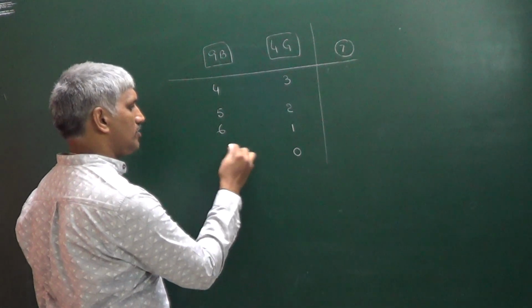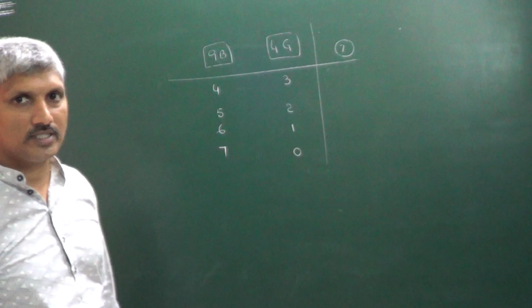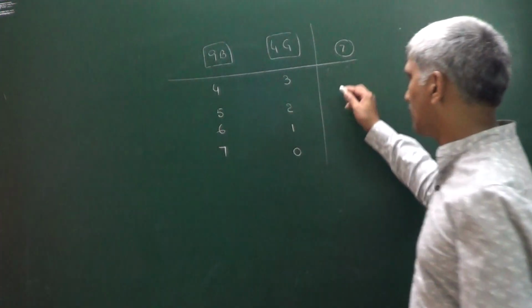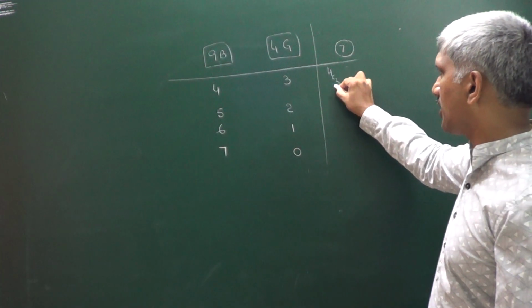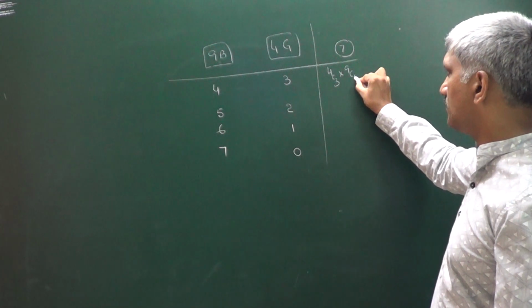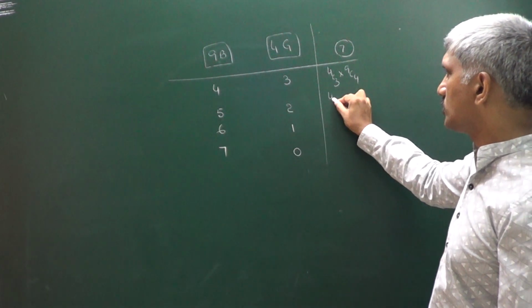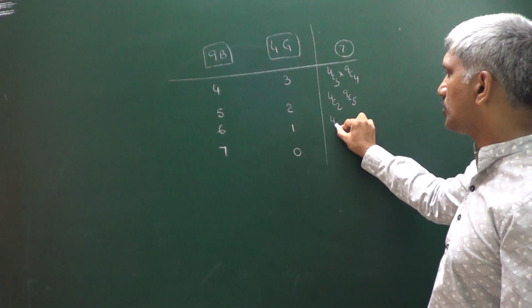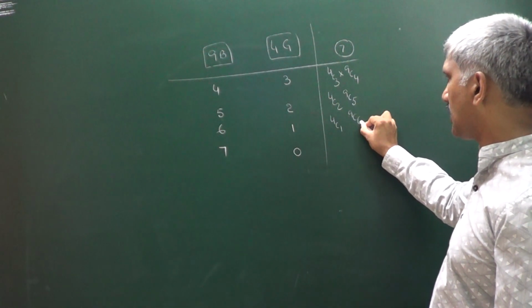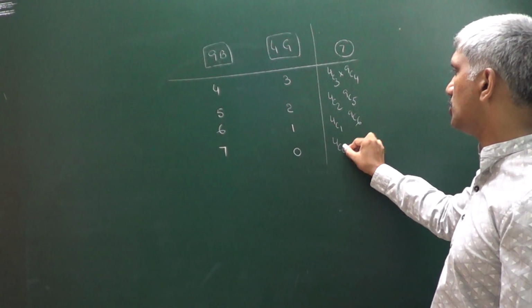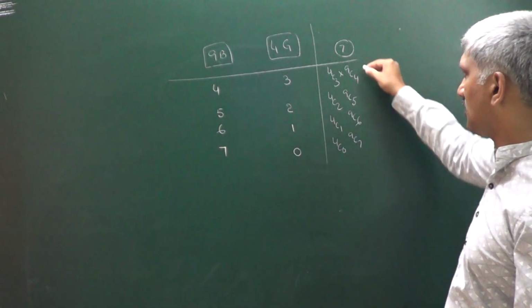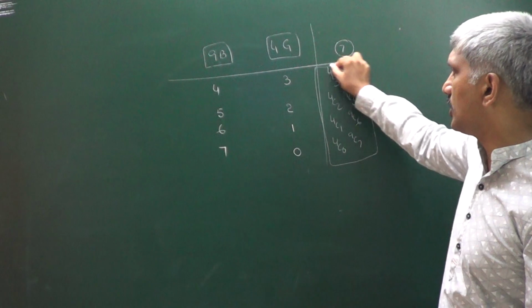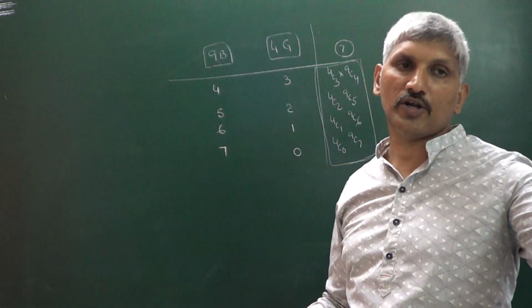No girl means all 7 are boys. So we can write it as 4C3 into 9C4, next 4C2 into 9C5, next 4C1 into 9C6, next 4C0 into 9C7. This total summation is the answer for the question.